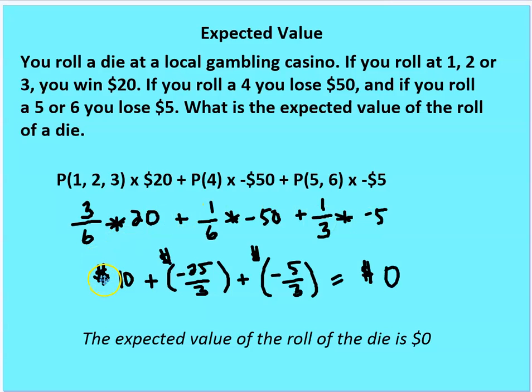So that leaves us with 10 plus negative 25 over 3 plus negative 5 over 3, which is equal to 0. So the expected value of the roll of the die is 0. All right, which means that if we were to play anything for this game, then whatever we contribute to the casino is their expected outcome per event.